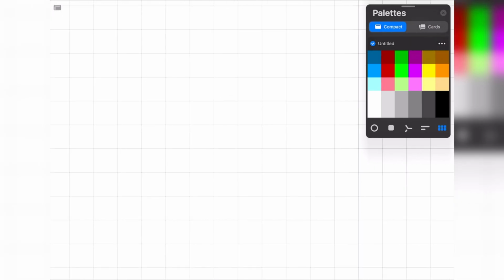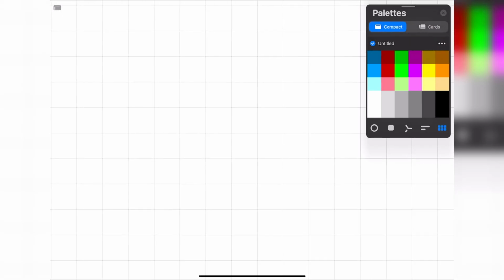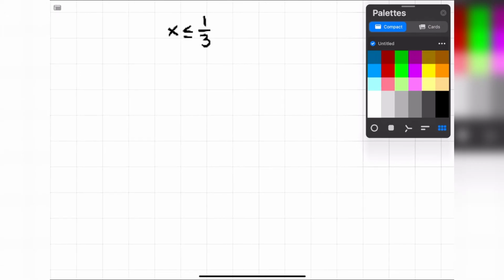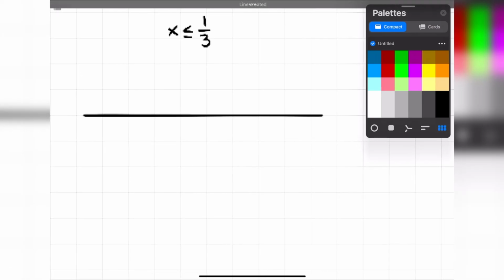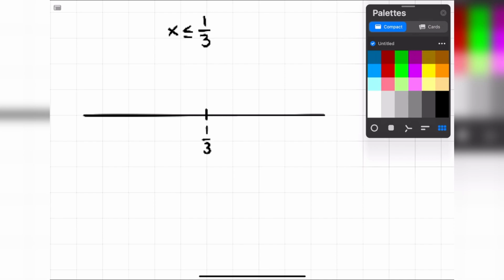Next problem is x is less than or equal to 1 over 3. So now this one might be a little difficult. Actually no, this one's simple. The only issue here is that more likely than not, your graph is not going to have the decimals, the fractions, the spaces in between each number.